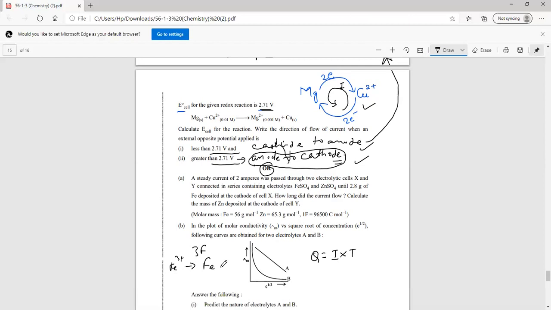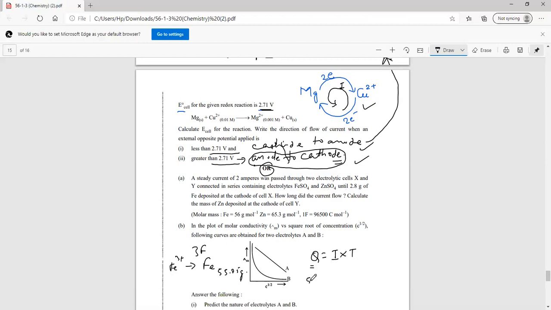And the mass of Fe is 55.85 gram. So for 55.85 gram, 3 faraday charge is required. So for 2.8 gram, how much charge will be required? I is given to us. So Q we will find out by using the unitary method.